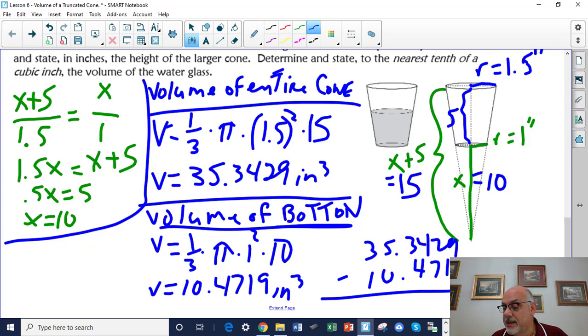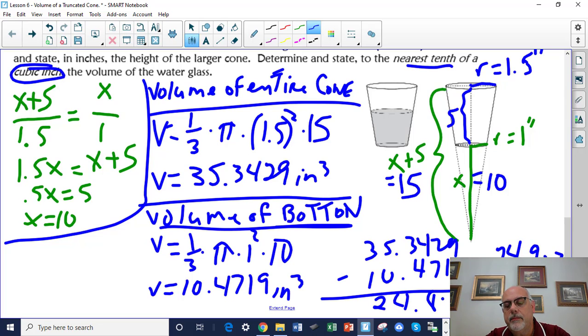So to the nearest tenth of a cubic inch, it's 24.9 inches cubed. All right, because this comes out to 24.87. All right, so there's a lot of little steps here.